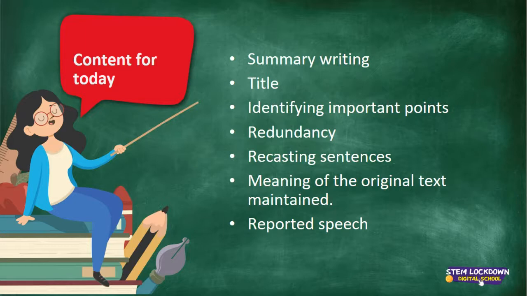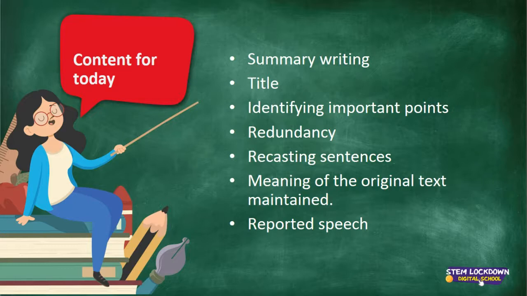Then you are also going to look at identifying important points. How do we do that? We are going step by step and see how best we can identify important points that are related to a specific question. Then we will also look at redundancy.